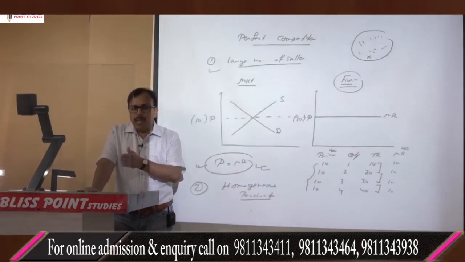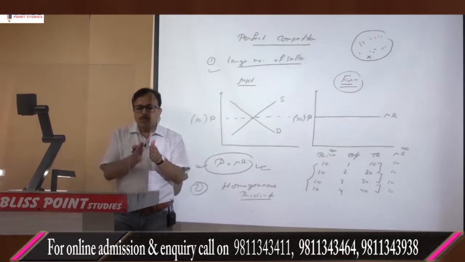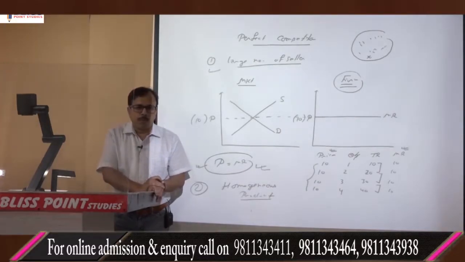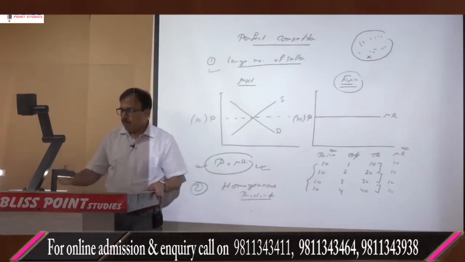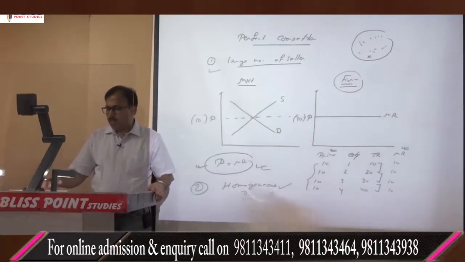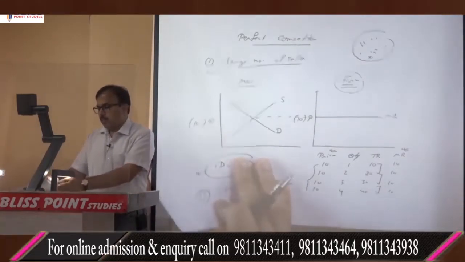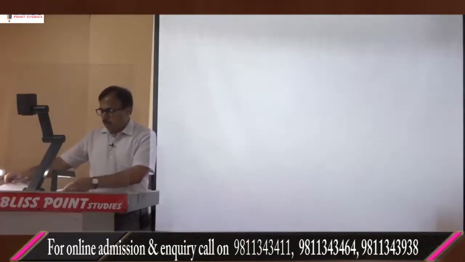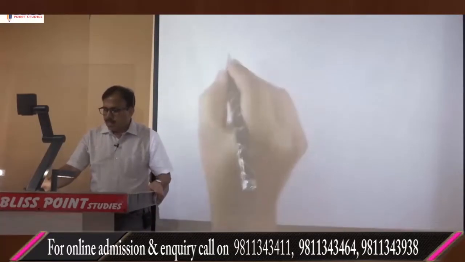To compare that, you must have a reference point. So each market will deviate from perfect competition, but how much is that deviation? So for that comparison, we must know what will be the outcome under perfect competition. So the product is homogeneous. And the third point is critical, which is free entry and exit.